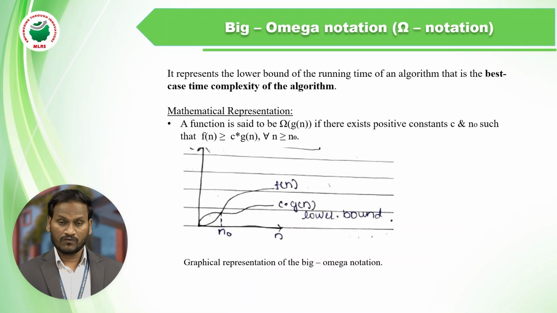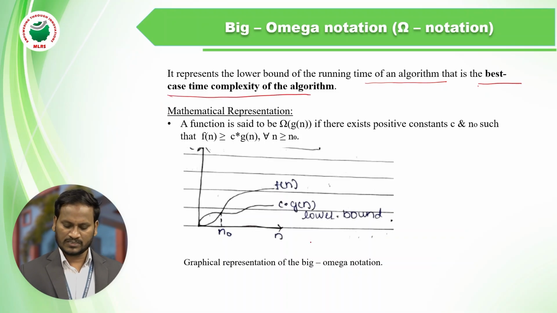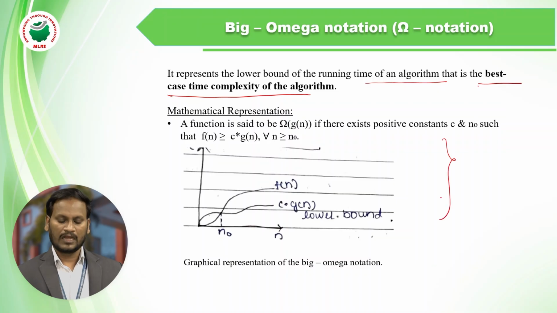What is big omega notation? It represents the lower bound of the running time of an algorithm. Usually we call this big omega notation the best case time complexity. By using big omega notation, we can accurately calculate the values of the algorithm.